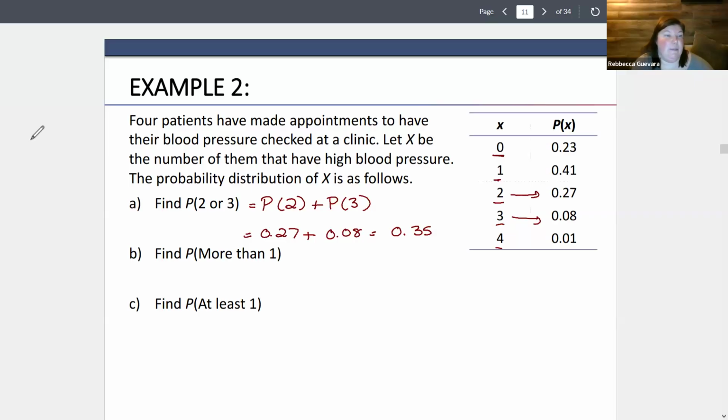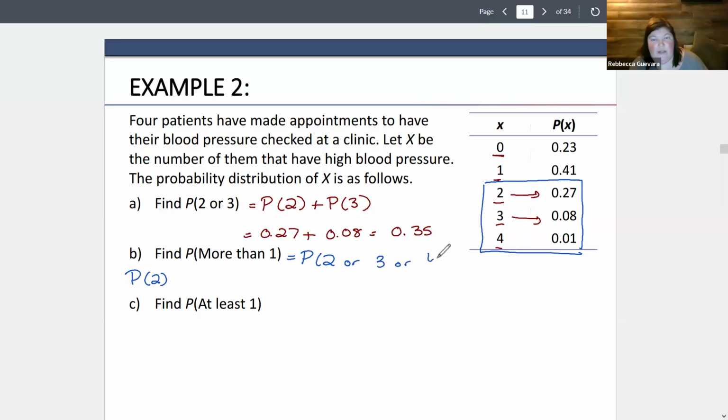What's the probability that more than 1 has high blood pressure? So more than 1 would be this area. More than one is the probability that 2 or 3 or 4 have high blood pressure.